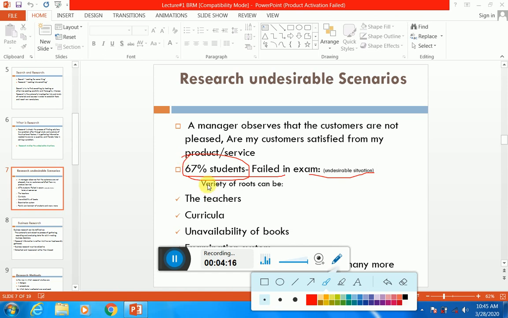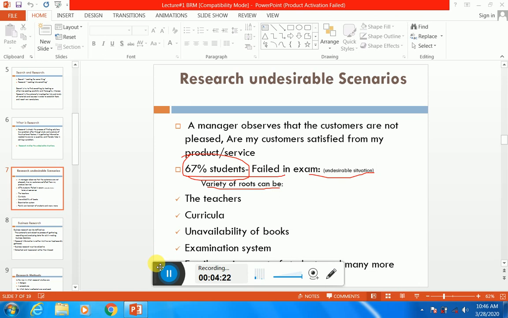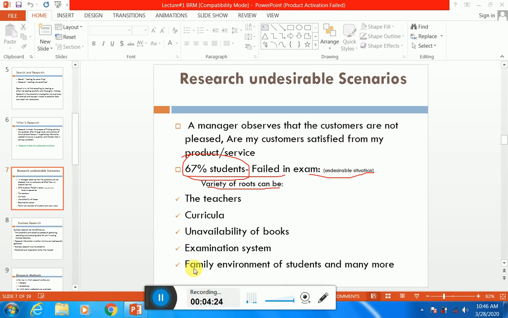Now the situational factors, or the variety of causes, can be: number one, the teachers; number two, the curricula; number three, unavailability of books; number four, the examination system; and the last, the family environment of students, and many more. Now let's start from the first, the teacher.